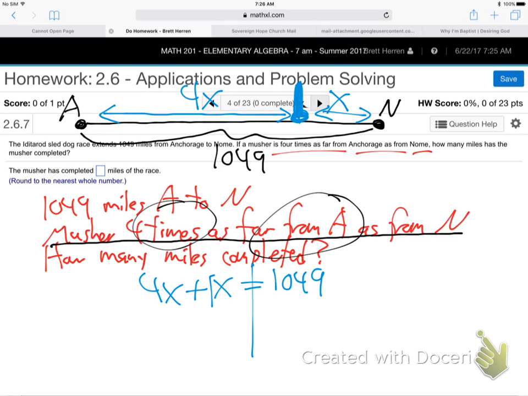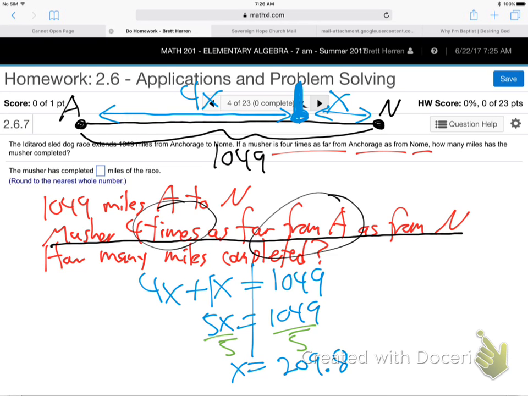4x and understood 1x, 5x is 1049. Last step in solving for x, divide. So x equals some number. 209.8? Thank you. 209.8. Okay.